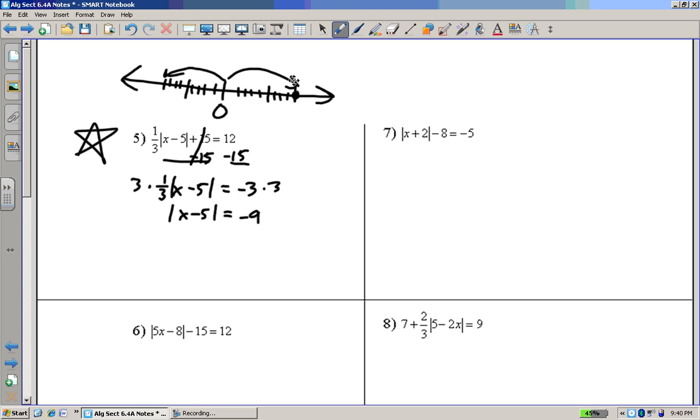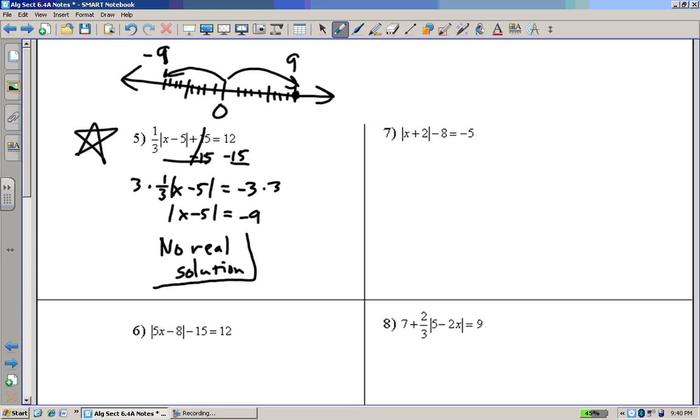In this case, positive 9 away is 9. But negative 9 away? How in the world am I going to have a negative distance away from 0? Well, this is just never going to happen. Not in the real number system anyway. So we're going to say no real solution.